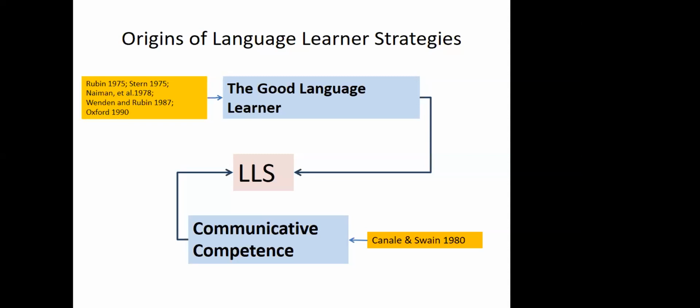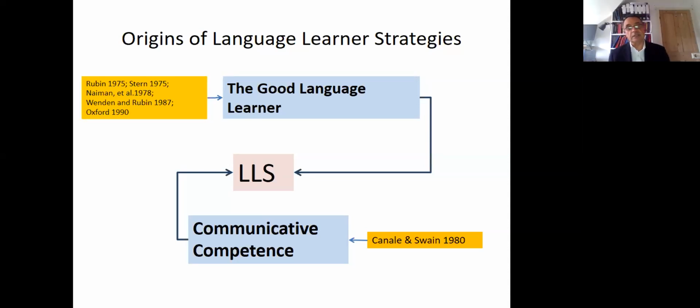As well as this came the work of Canale and Swain in 1980 and subsequently on communicative competence, where they were arguing that in order to have communicative competence in a second language, an L2, you have to deploy a number of tricks, strategies, measures in order to make yourself understood, and to be able to understand in a conversation.